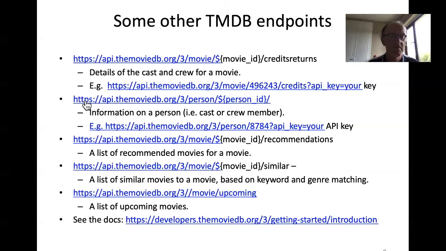The second one will give you detailed information about a particular cast member or crew member. This one gives you recommended movies for a movie, related movies. So maybe you've clicked on the movie's detail page, and there might be a link to get a list of other recommended movies associated with that movie. And there are some other ones as well down at the bottom of the page. So there's lots of choices there in terms of TMDB.